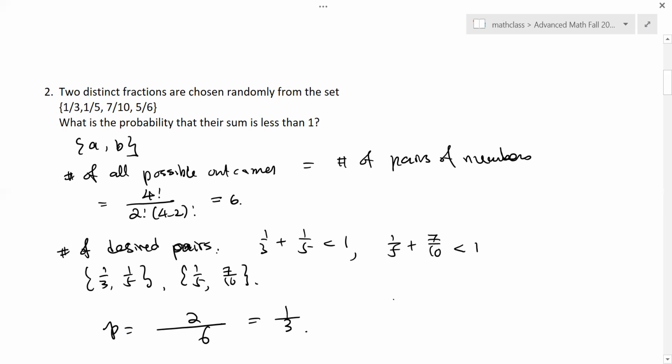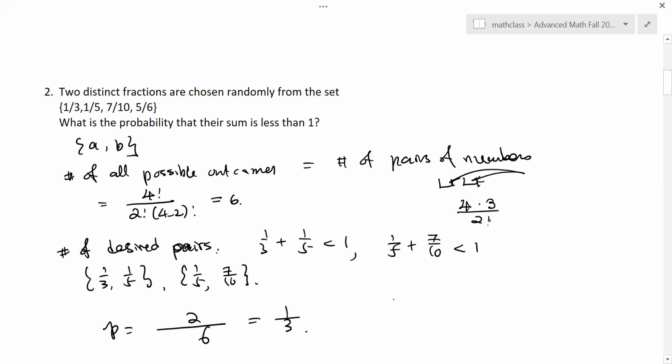Now, how do you count a pair of numbers selected from a group of 4 numbers? First, if you count the order, you select these numbers and put them in a row, then there will be 4 times 3. But when you switch the order, you still get the same pair of numbers, so you have to divide by 2 factorial.